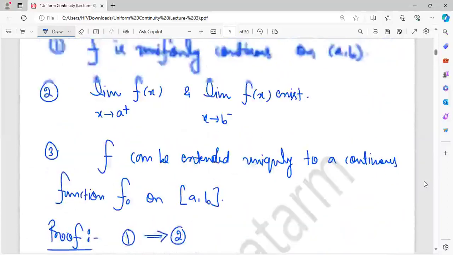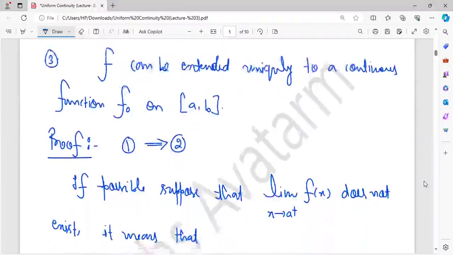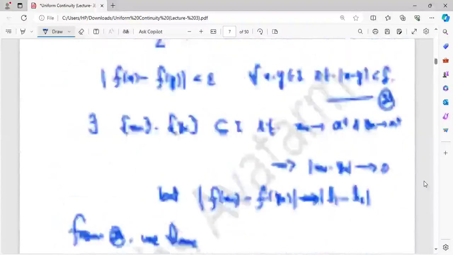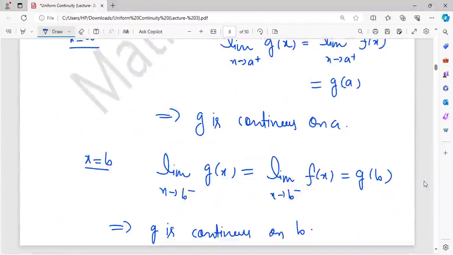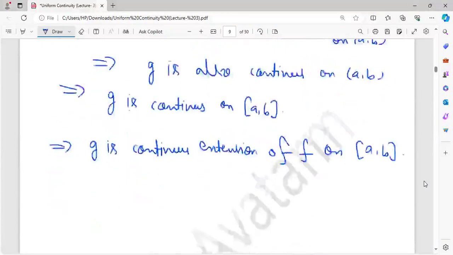What was 3? Yeah, we have proved 3. Now one thing is remaining. We have to show that this is a unique extension.